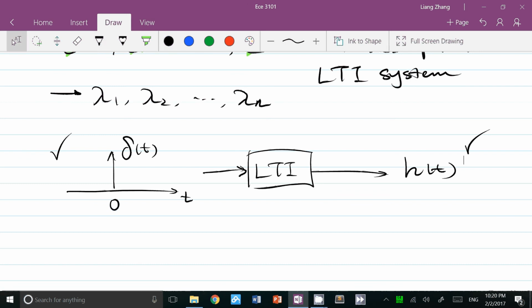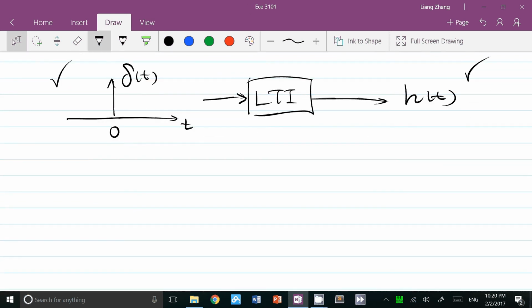Now, let's modify this signal a little bit so it will be easier for us to understand. Instead of looking at the spike, let's look at a rectangular signal. Starts at time 0 and ends at time equal to delta tau, where delta tau could be a very small number.